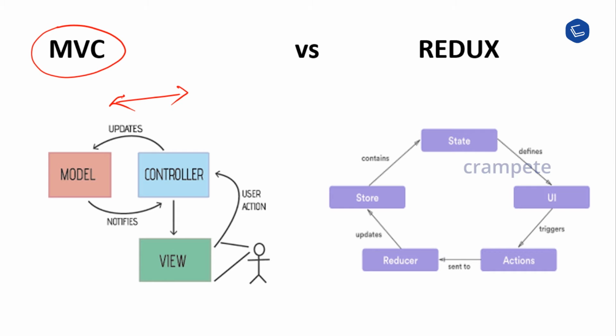When a user action is triggered in the view, it goes to the controller, which updates the model, and then the model notifies back to the controller, which takes the impact to the view. It's a two-way cyclic process. But with Redux, we solve this problem by introducing a central data store in our application. This enhances the efficiency of maintaining the state and keeping track of the data and the actions.